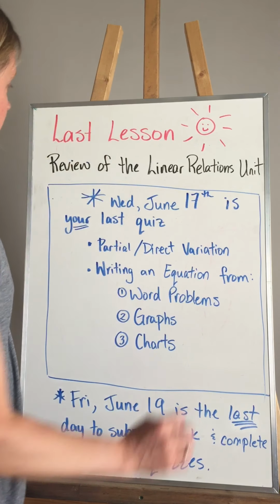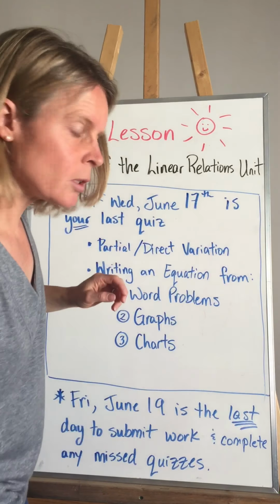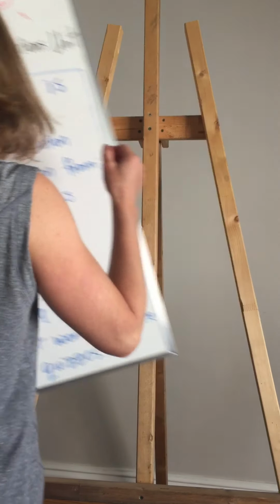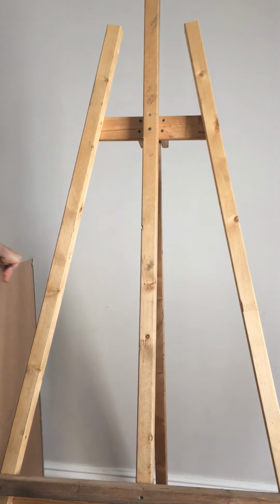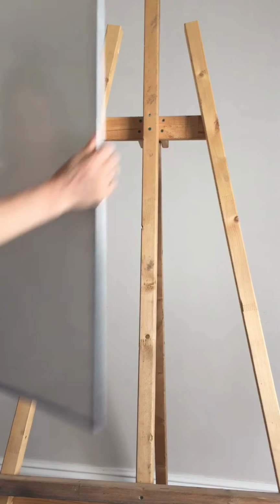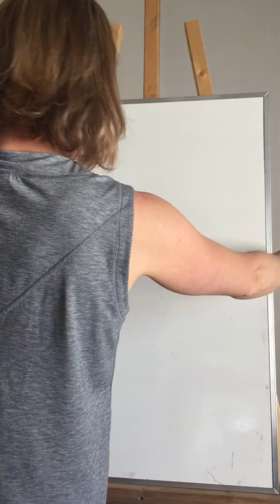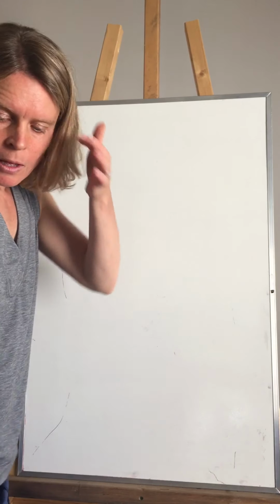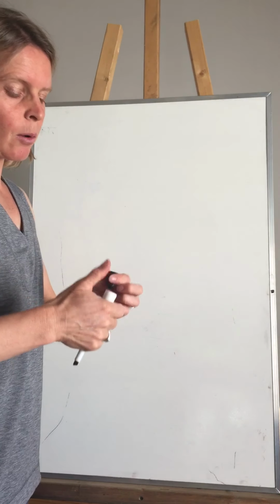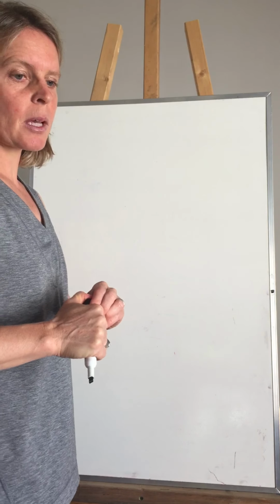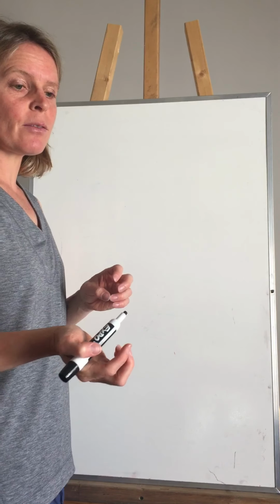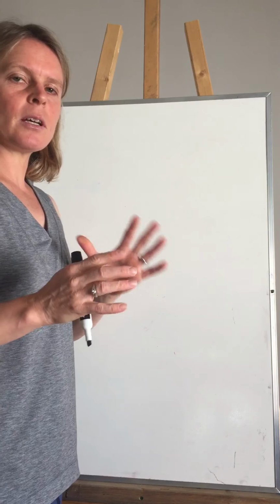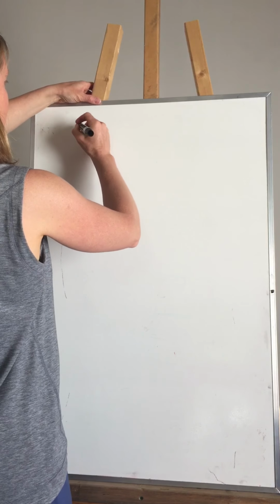Okay, so let's start on the review. Rate of change is something that we did in our last unit, but I want to go over two examples today because it is necessary for writing the equation of a graph, and it's often a concept that takes a little bit extra practice.